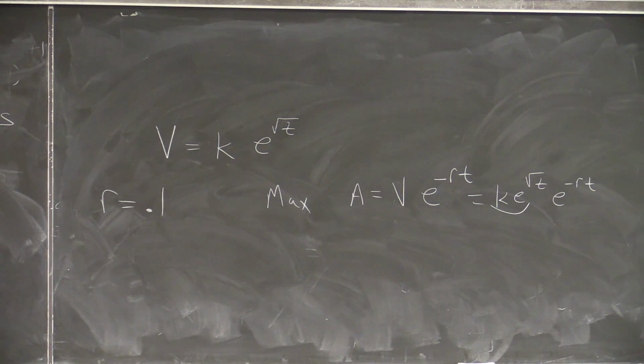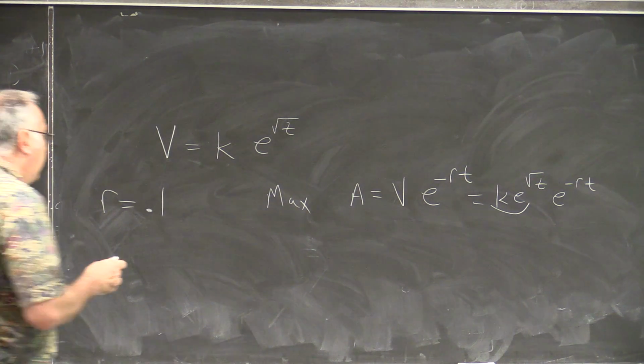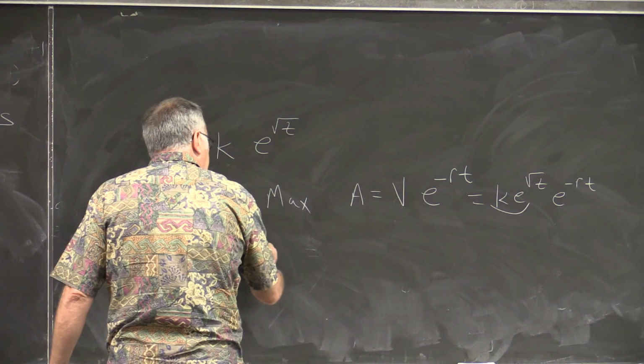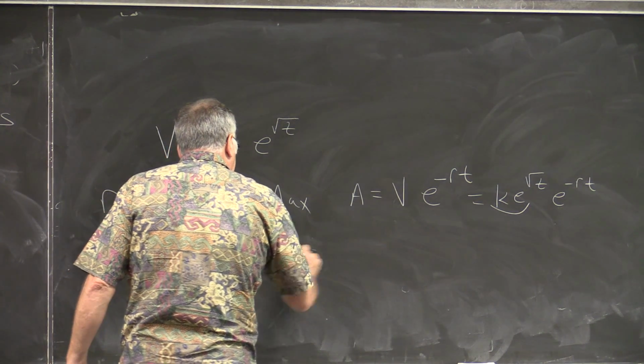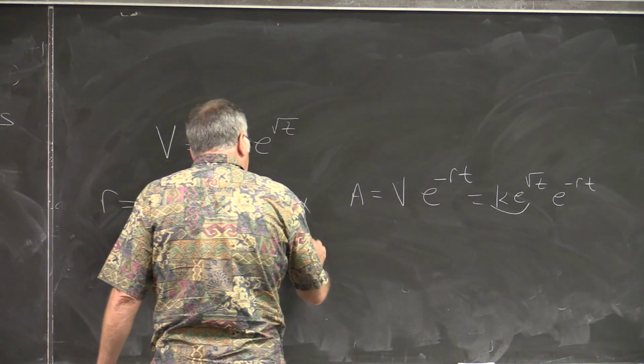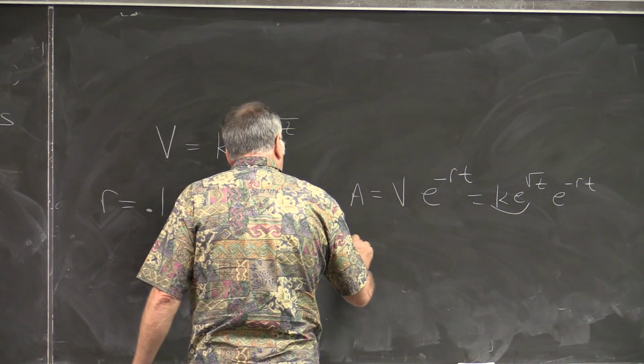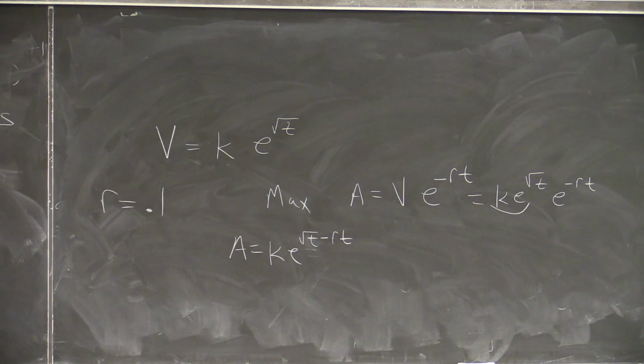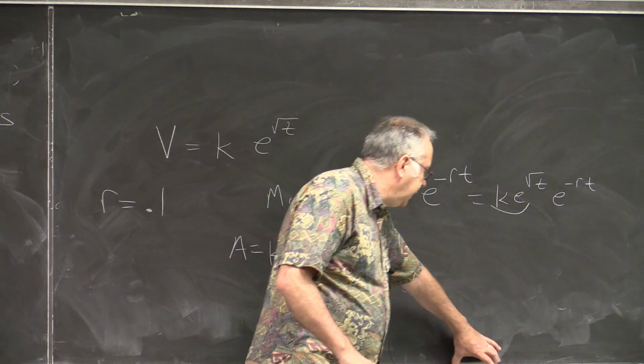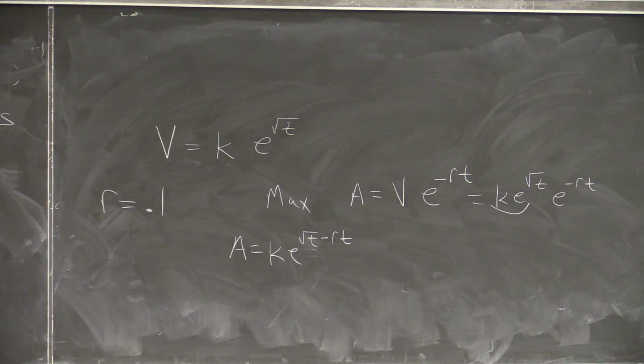And actually, we can add those exponents on e, and we can rewrite a is equal to k times e raised to the square root of t minus RT power. What will make this a little bit easier is, instead of writing the square root of t, let's write t to the 0.5 power.